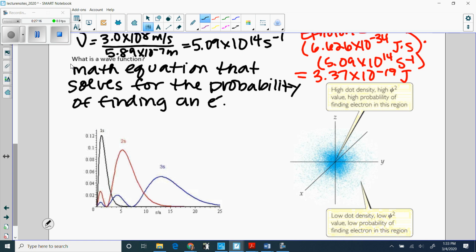Hotter is exothermic. Wait, look at this one. That's exothermic, because it starts at a lower temperature and then goes up to a higher temperature. Final minus initial. Chapter 5. I don't know. I don't care.